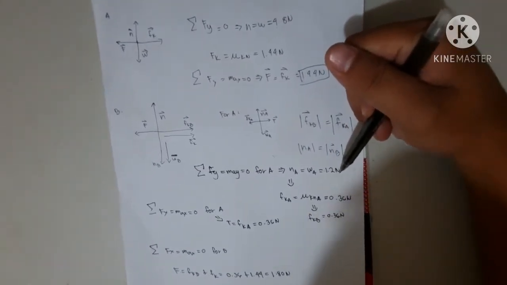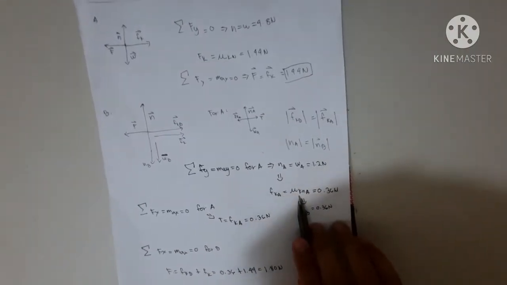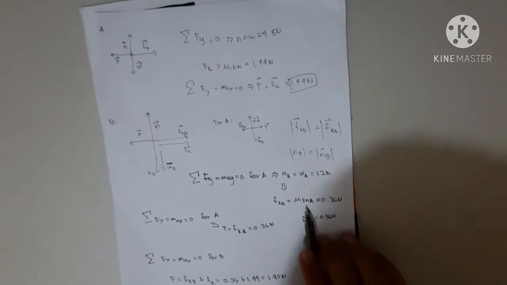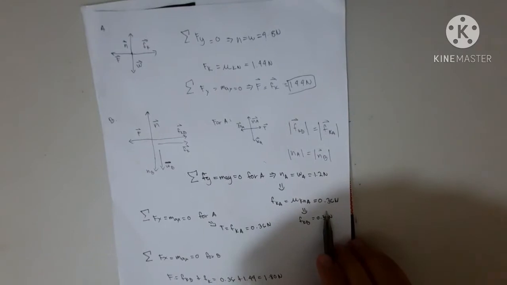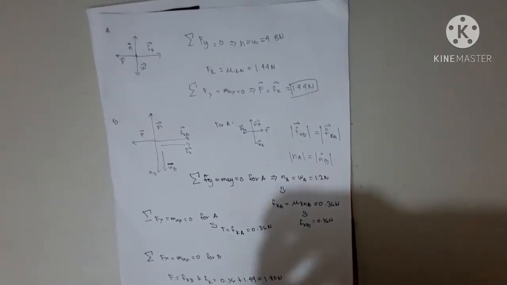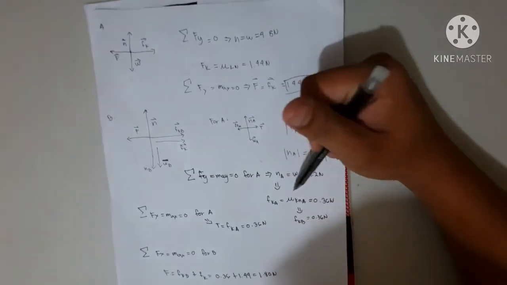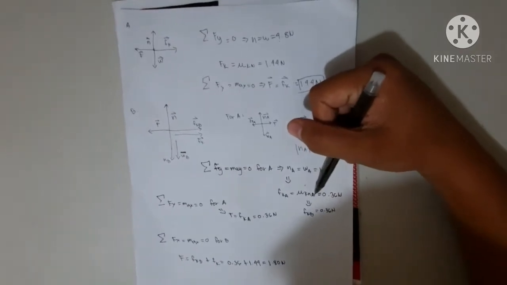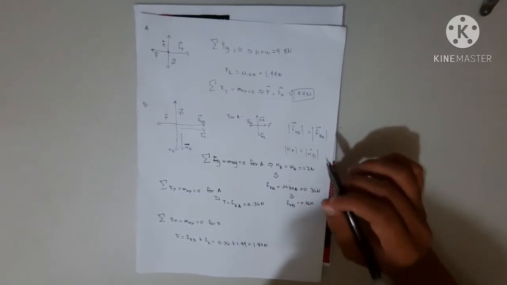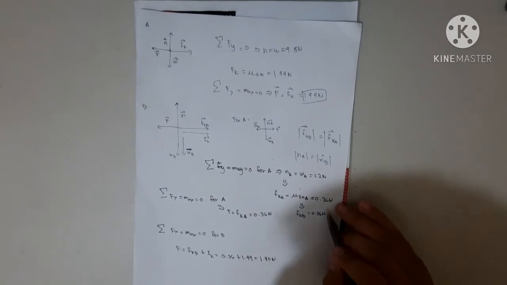This implies that FKA, the friction force, is mu k NA, and plugging in the values 0.3 and 1.2 here, we will get 0.36 newtons.